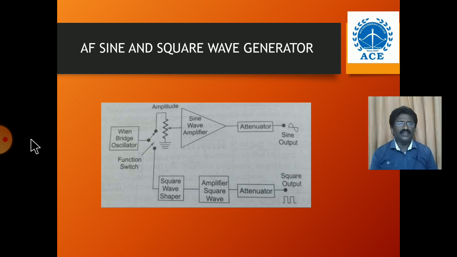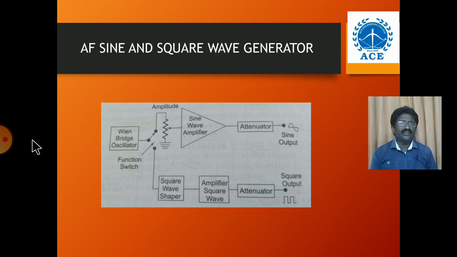Next one, the signal generator. With the help of a signal generator we can generate square wave, sine wave and triangular wave for different frequencies. To build any type of generator we need the help of an oscillator and an attenuator.